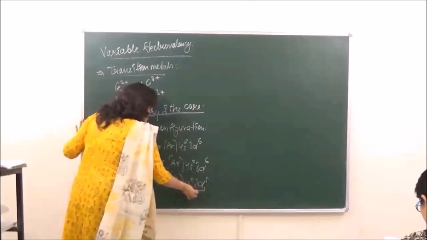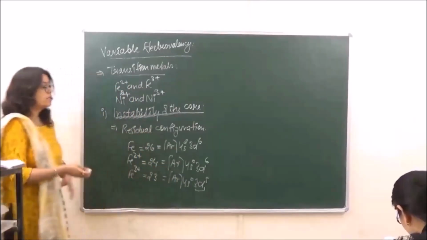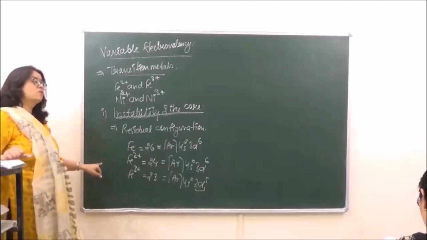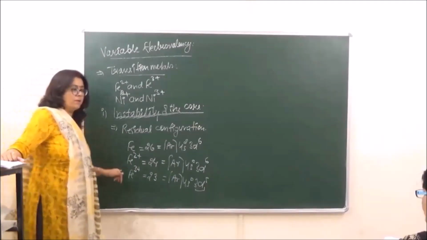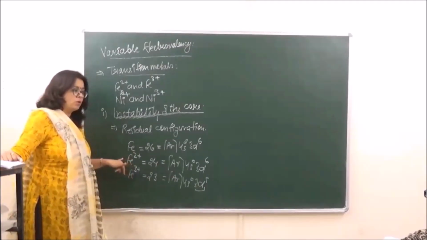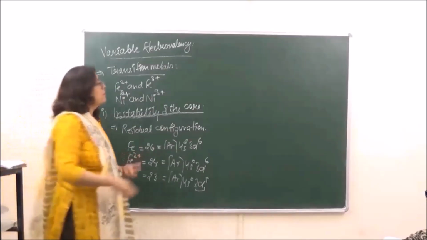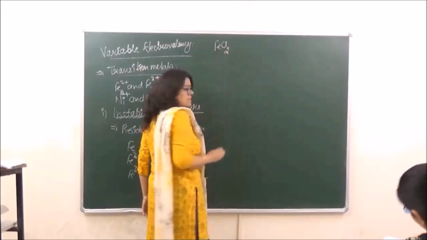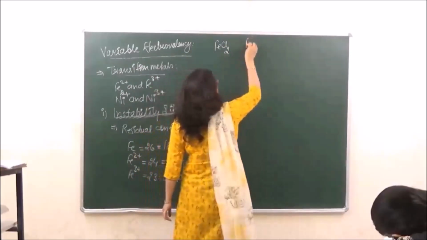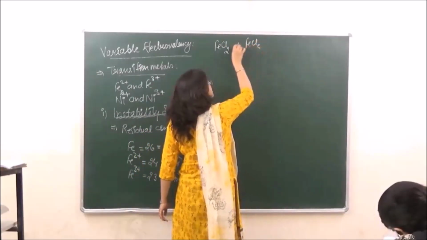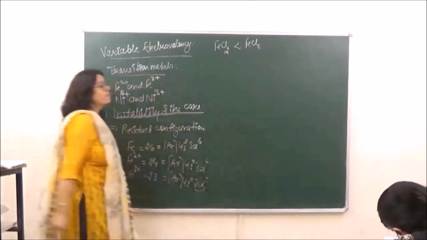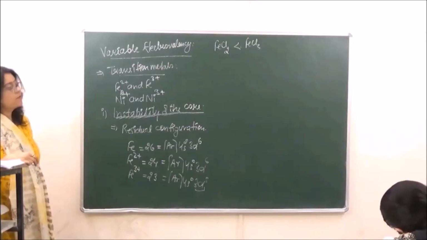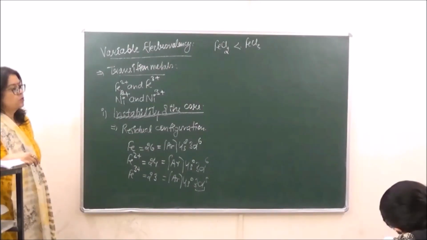Now this gives it a stable configuration. Therefore Fe3+ is more stable with respect to Fe2+. So if we have two different compounds of iron, FeCl2 and FeCl3, the stability of FeCl3 is greater than the stability of FeCl2.